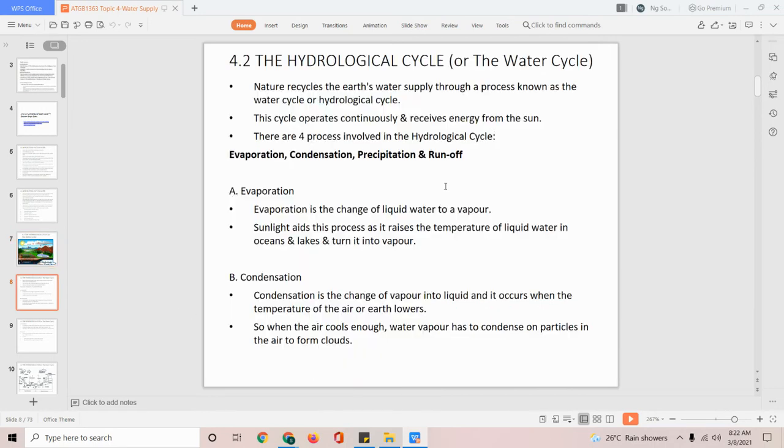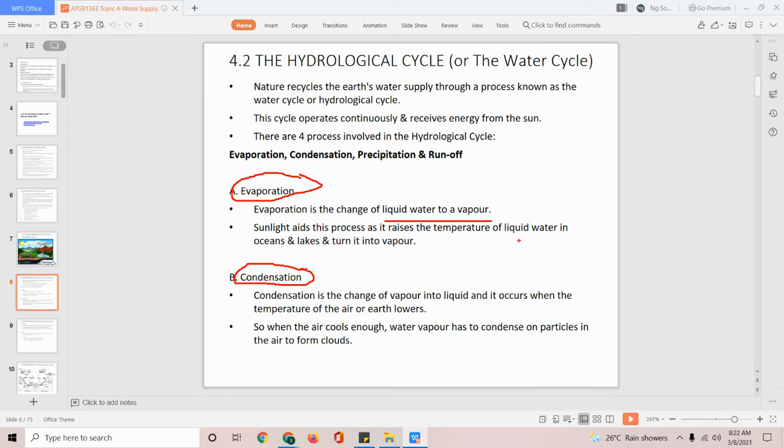Okay, so here is a more detailed explanation of the hydrological cycle. You have evaporation, condensation. I think you guys learned it. Evaporation is just a change in state of liquid water to vapor. This is how a lot of our liquid is gone.